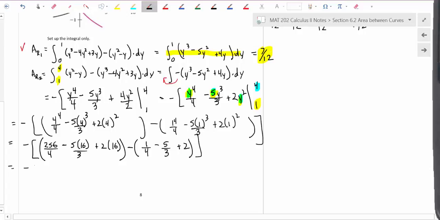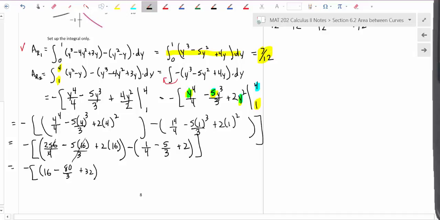Okay, working this out, this is 16. Okay, this is 16 times 5 is 80, so that's going to be 80 over 3. And then this is going to be plus 32.